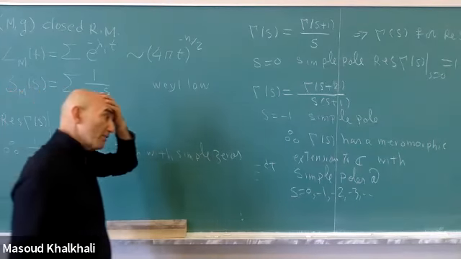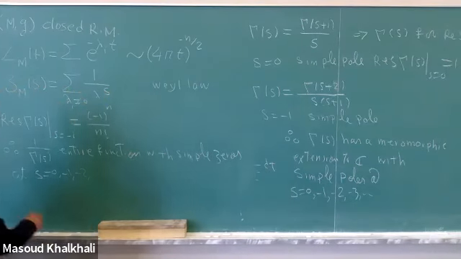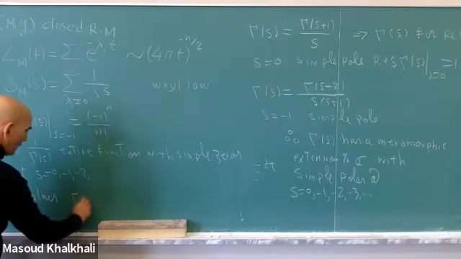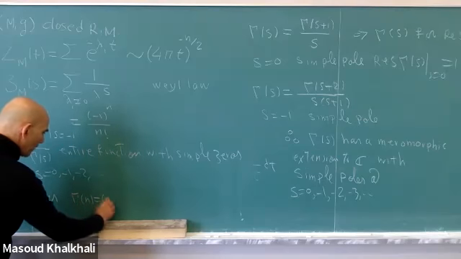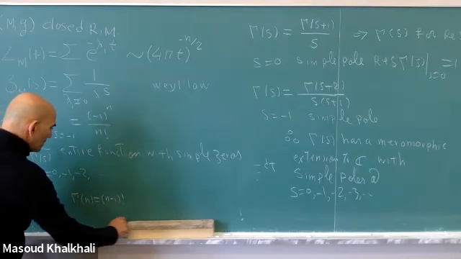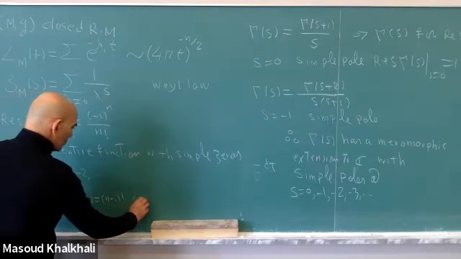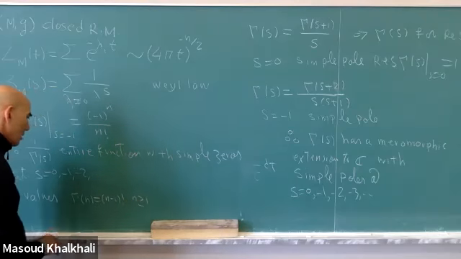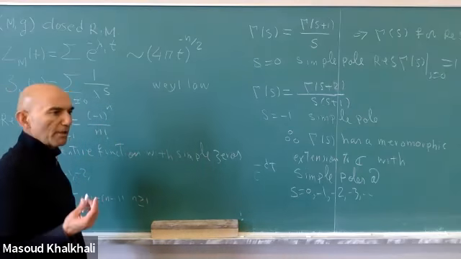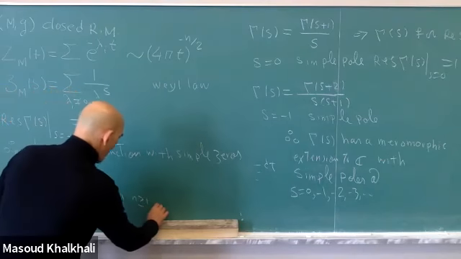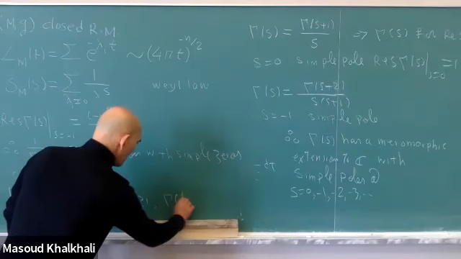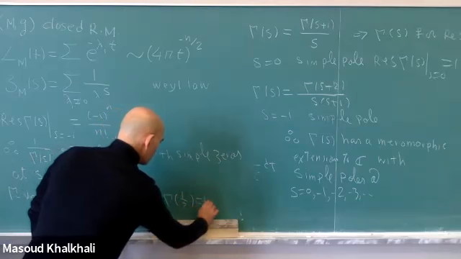By the way, the values of gamma: I said gamma of n, we know what it is, n minus 1 factorial, for n bigger than or equal to 1. There is one more value that we know, that's gamma of half, which is root pi.